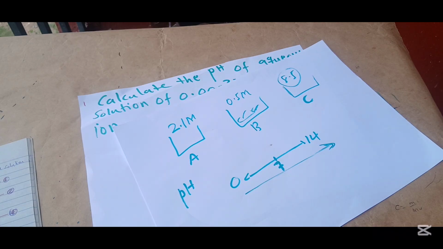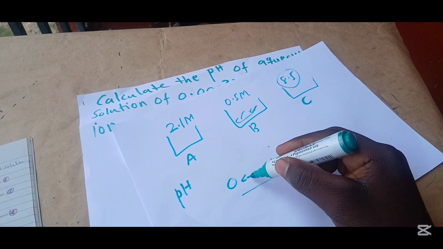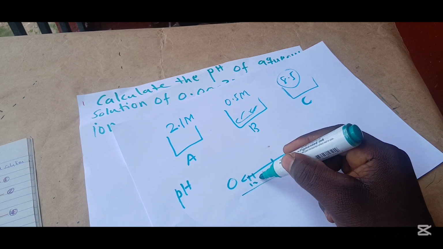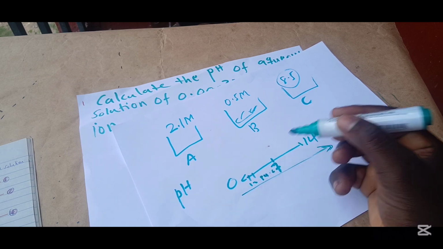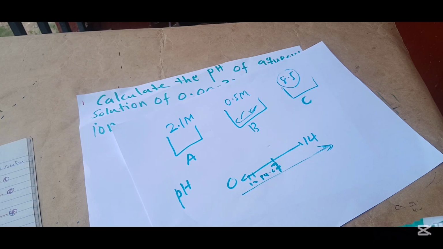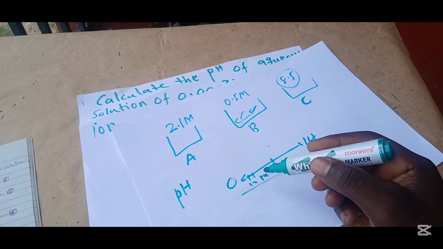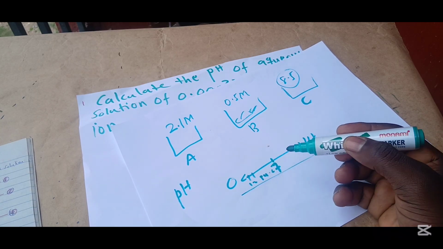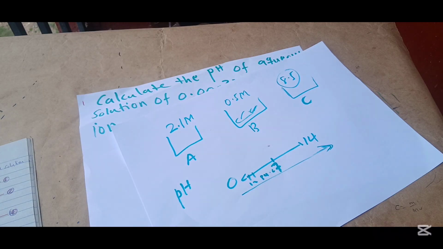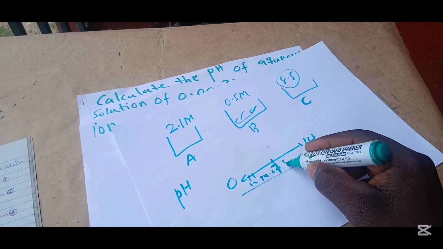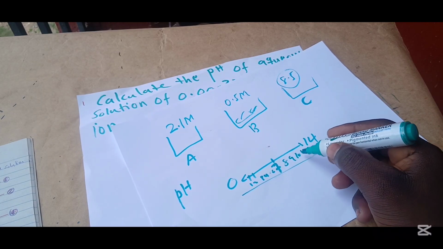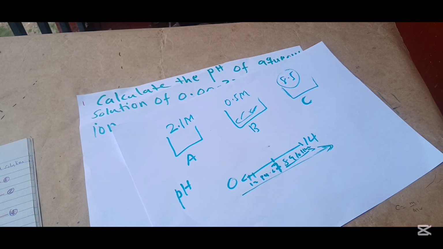Substances from 1, 2, 3, 4, 5 to 6 are more likely to be acidic, with 0 being the strongest, followed by 1, 2, 3 in terms of acid. And as they move towards 8, 9, 10, 11, 12, they become more basic.